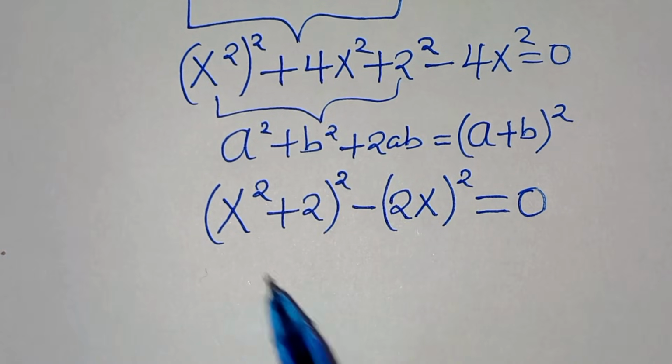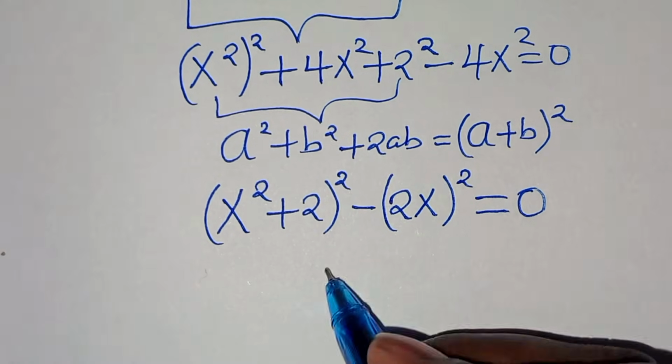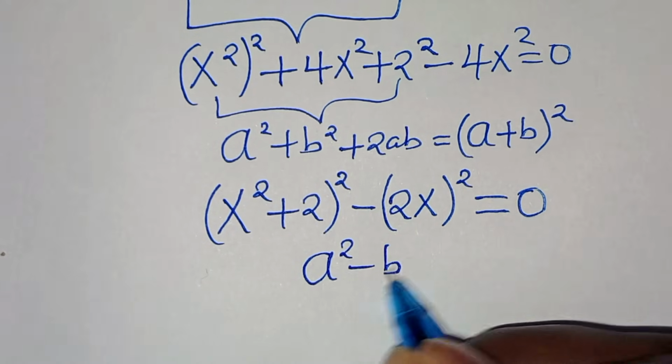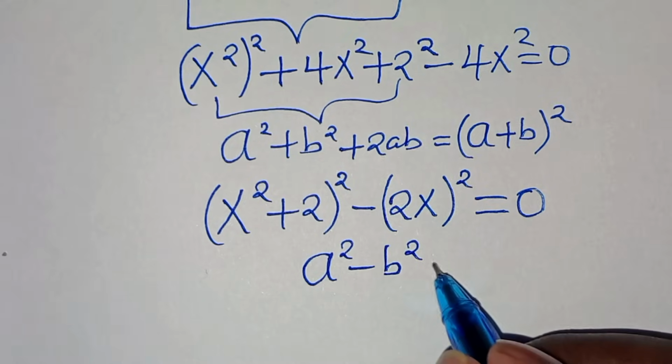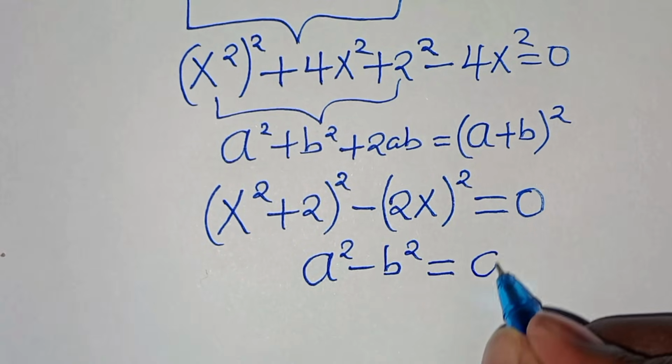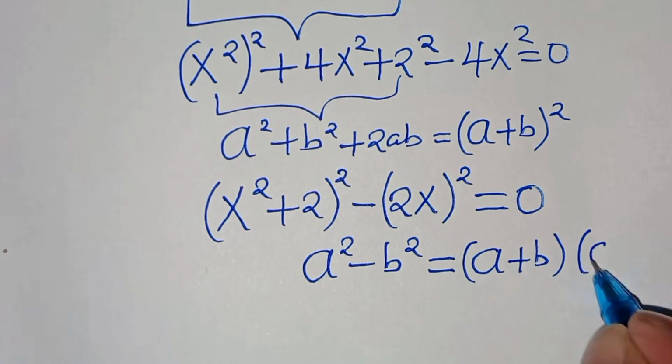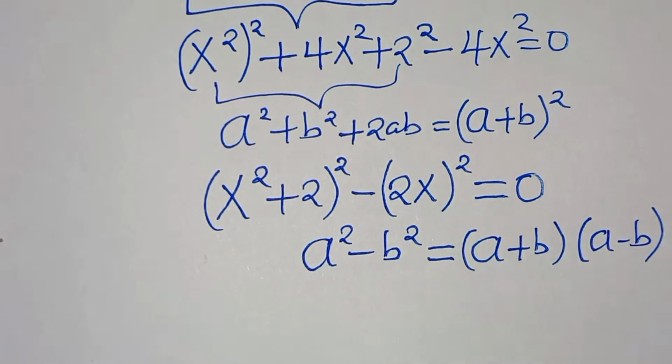Now, if you check this equation, it is in the form of a squared minus b squared, which is the difference of two perfect squares that we can express as a plus b multiplied by a minus b.